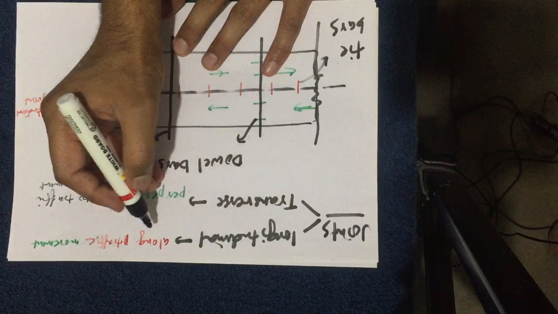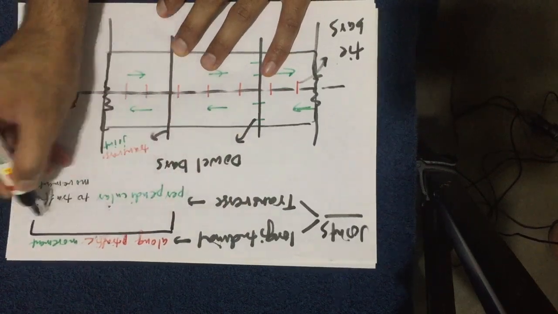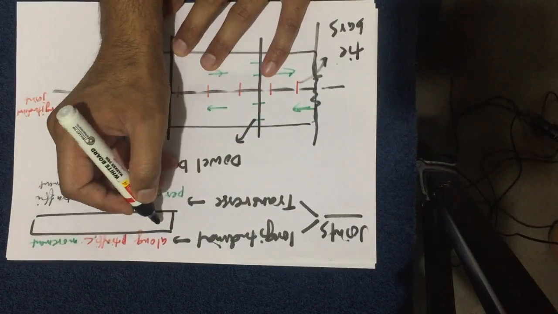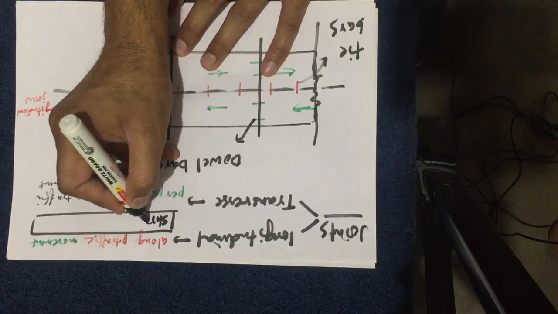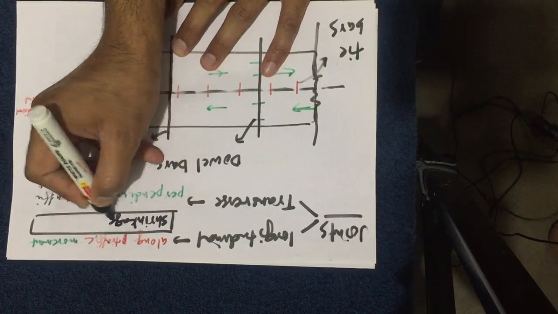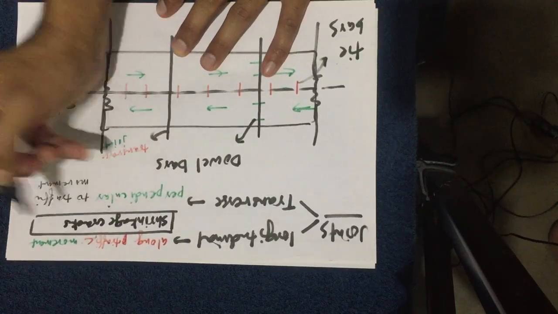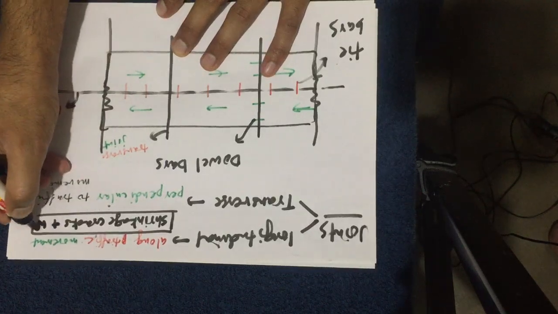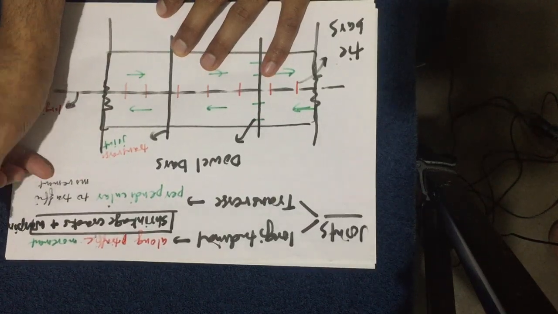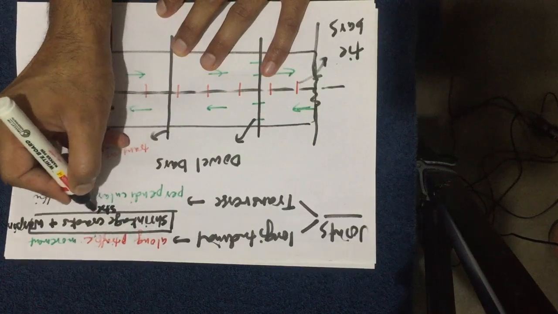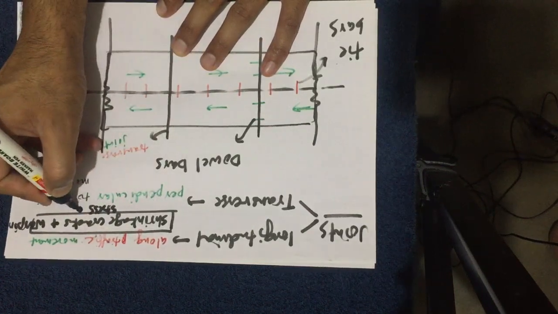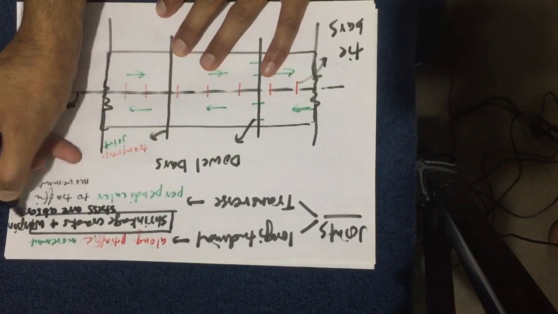The function of the longitudinal joint is twofold. First one is to avoid shrinkage cracks, plus warping stresses. Shrinkage cracks and warping stresses are absorbed or relieved.